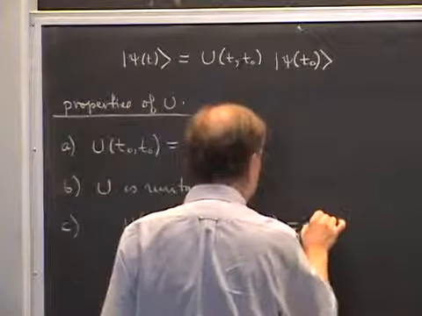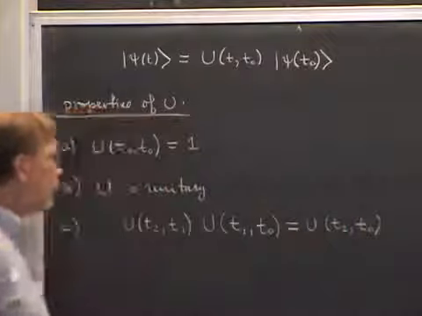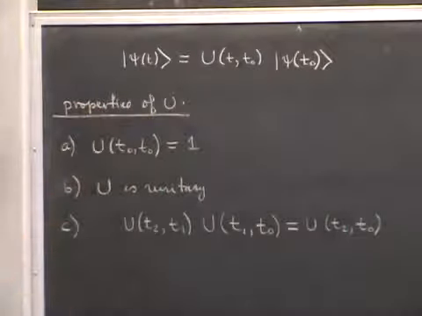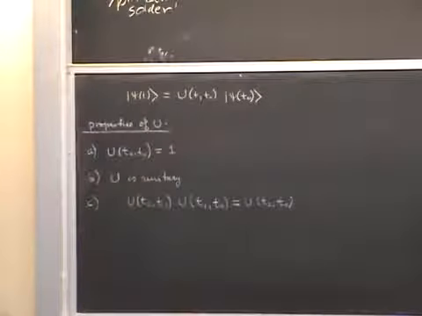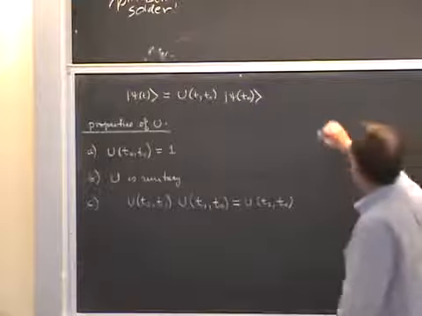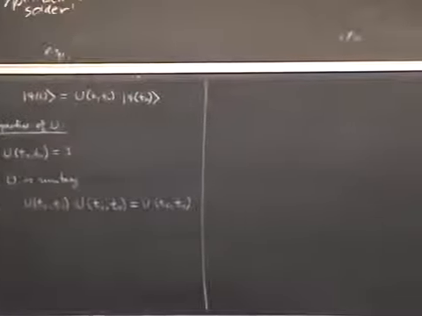The answer has got to be the same thing as going straight from t0 to t2, U(t2, t0). It's a plausible property that this operator U should have. So those are our three principal requirements on the unitary time evolution operator U.